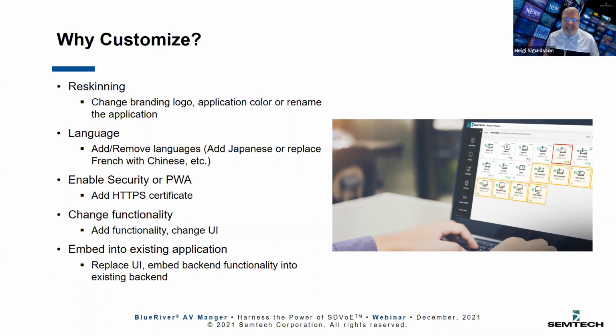And so that is reskinning: replace the branding, replace the logo with their own logo, replace the application colors with their own color scheme, and of course, rename the application to something else, like My AV Manager for example, rather than Blueriver AV Manager. And this is all possible to do with simple manipulation of some configuration files.